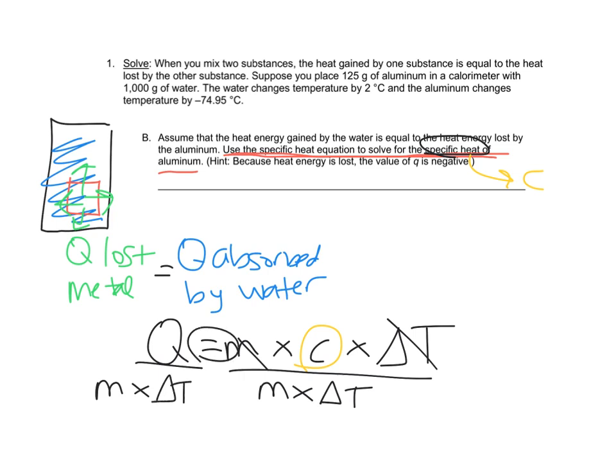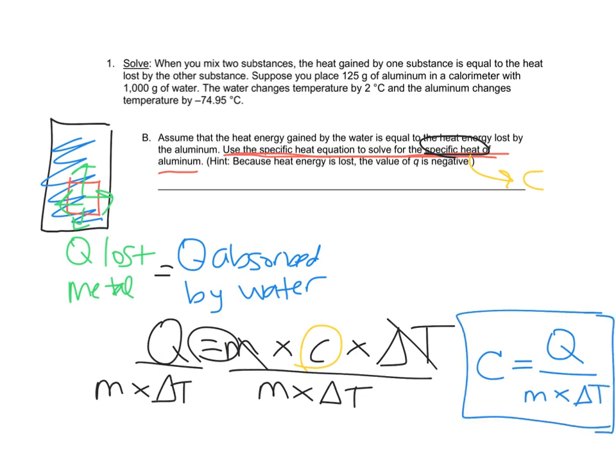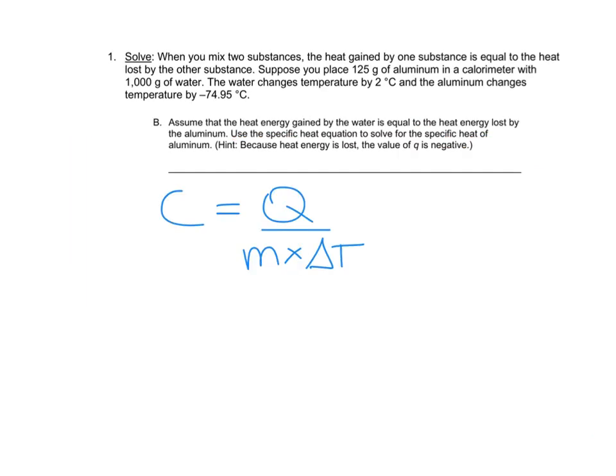So C now is going to be equal to Q divided by mass times the change in temperature. This is the equation that we are going to use to solve this particular question.